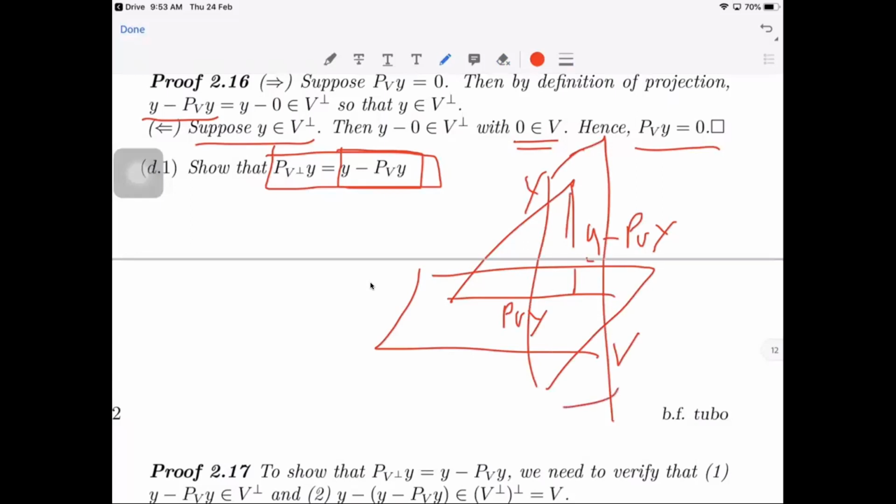No? Na sya din sa V perp nimo. That is the projection of y sa V perp. So kung kini mong y, ang projection niya sa V perp is y minus the projection of y onto V.